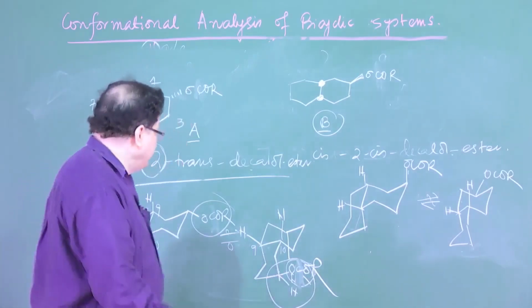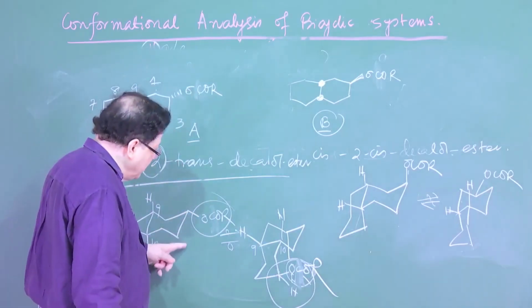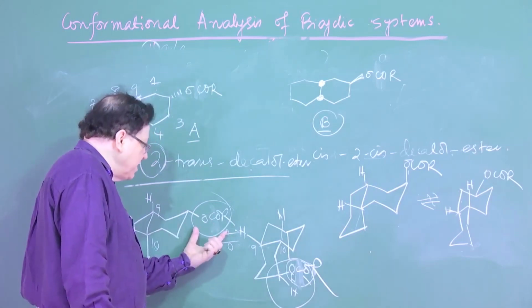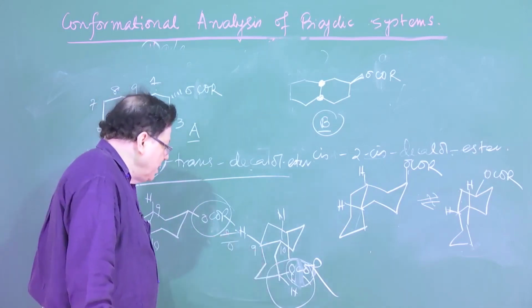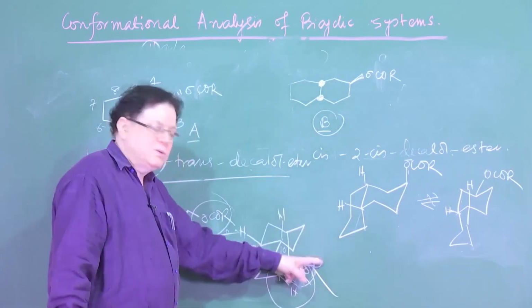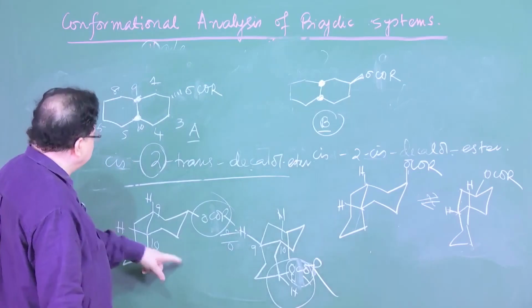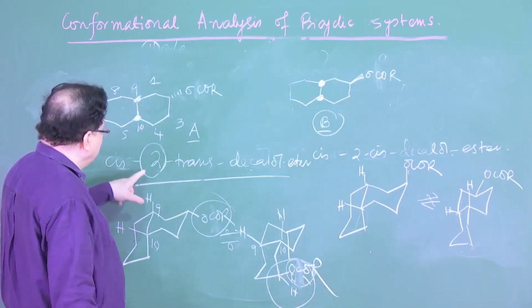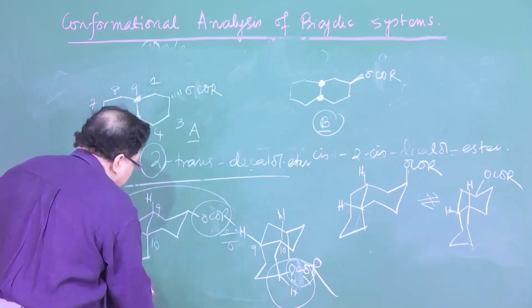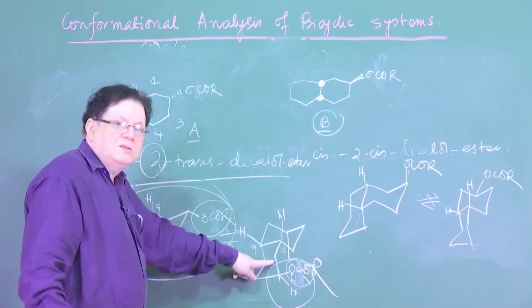Okay. And so, this will be faster, this is equatorial. So, this will certainly have a faster rate than this one. Okay. But this is almost very negligible. So, this molecule, that means the A molecule, the cis decalol ester, is the major molecule that is present, and this is very insignificant.